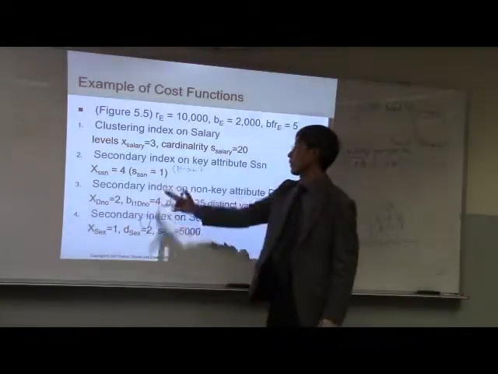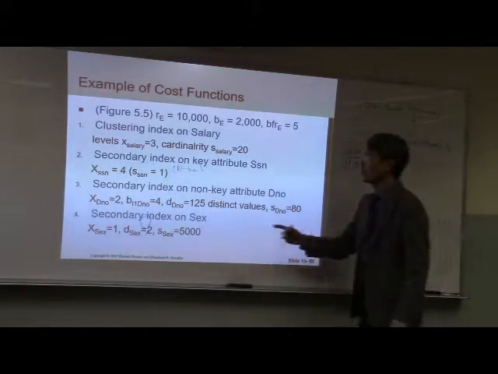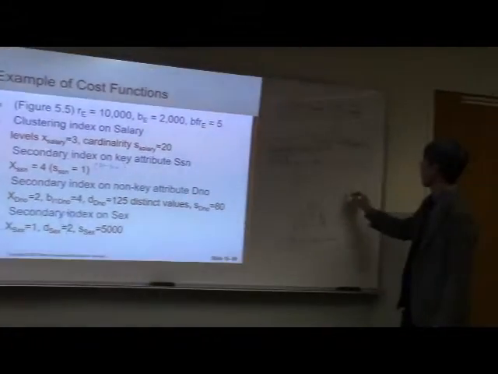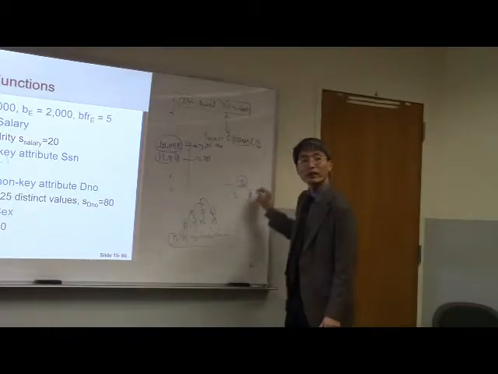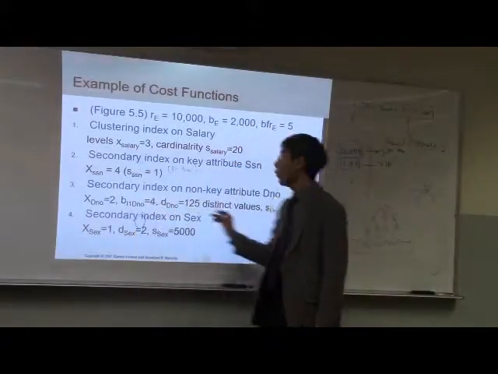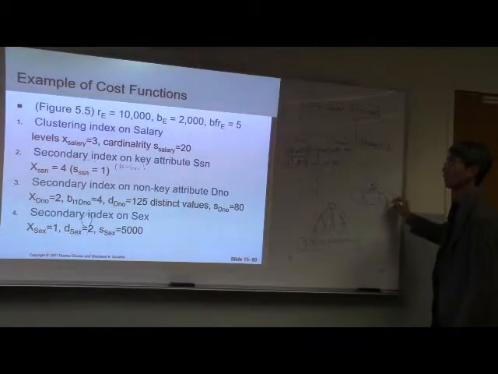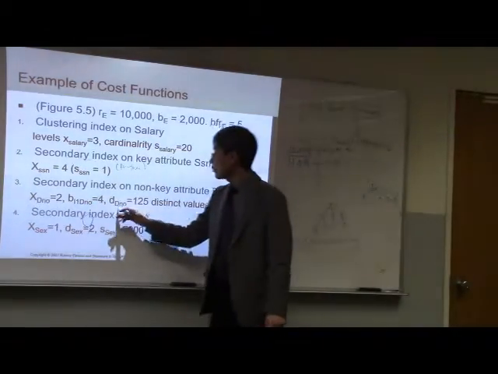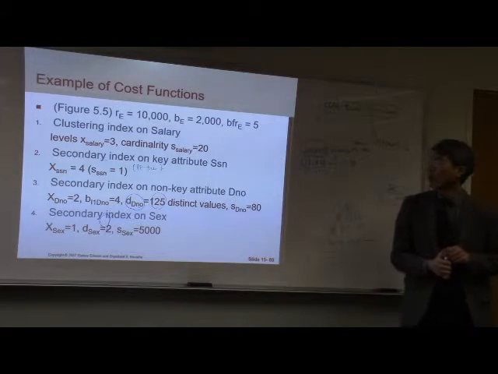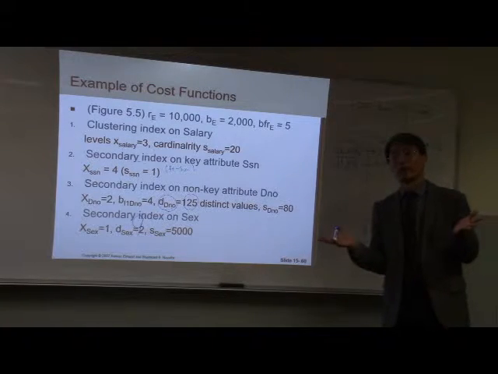There's another B+ tree index, a non-key attribute, DNO. For the DNO, it has X level of 2, so one internal level and another one is the leaf node. How many leaf nodes do we have? 4 leaf nodes. And how many different values of the DNO? 125, meaning 125 departments.